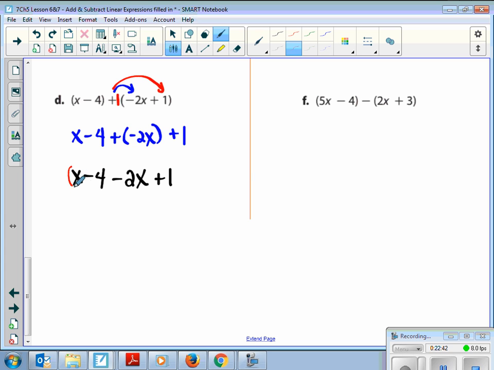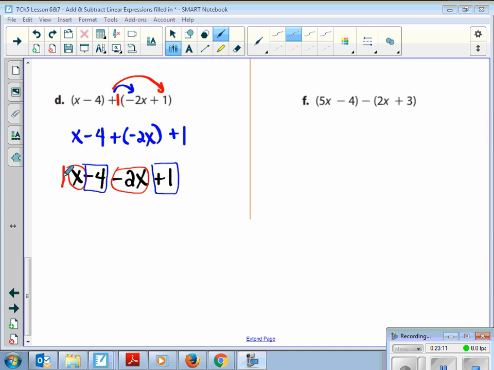We've got a positive x and a negative 2x, and we've got a negative 4 and a positive 1. So x plus a negative 2x. This is 1x plus a negative 2x. What's 1 minus 2?